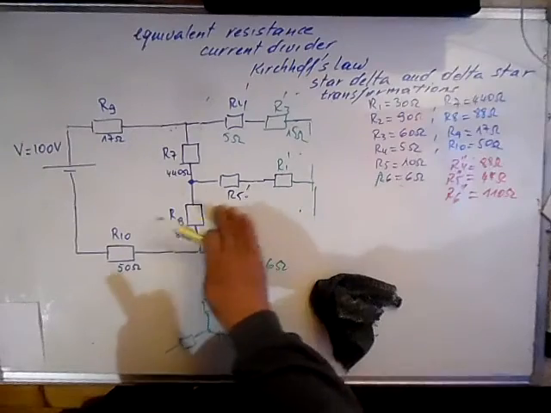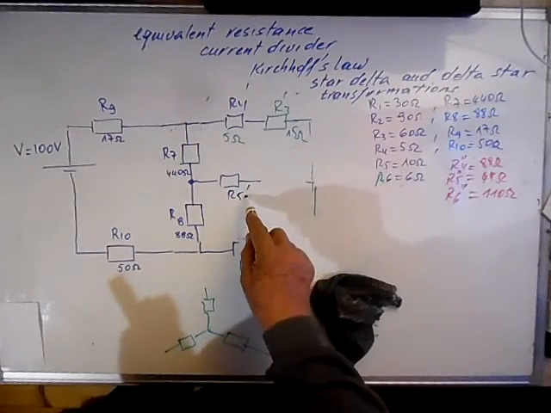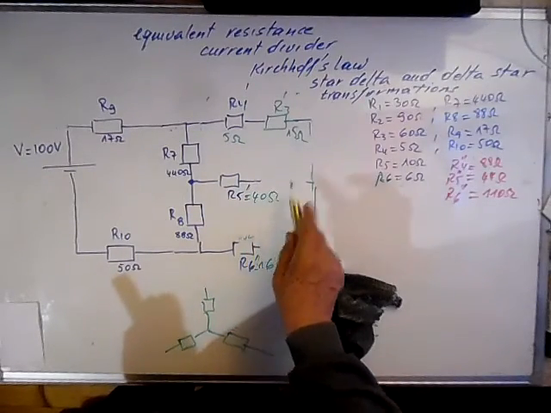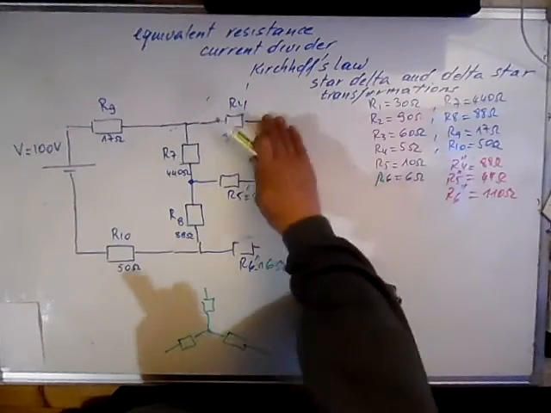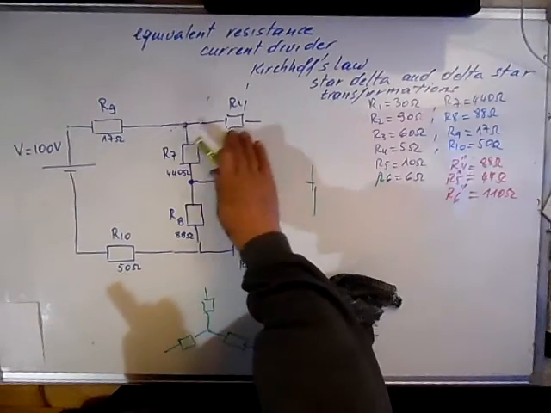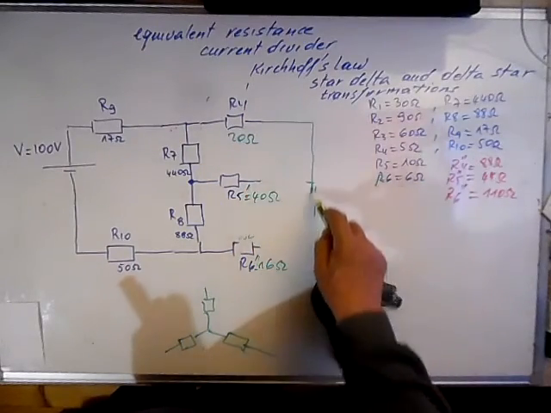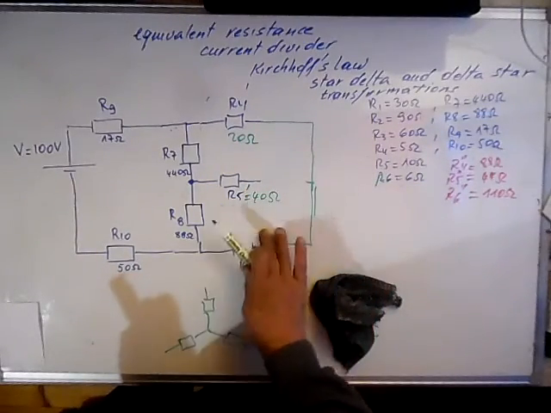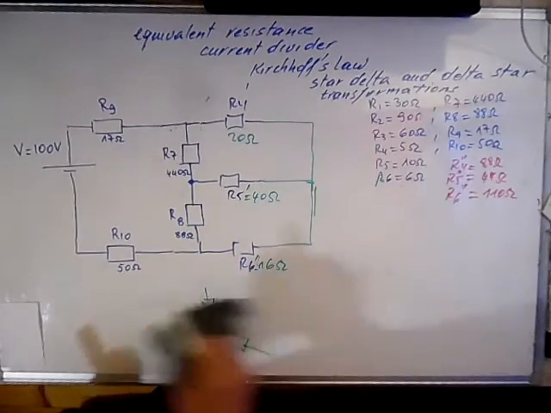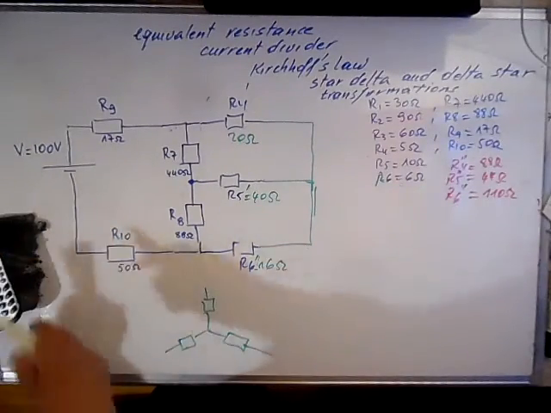Here 40 ohms, and here 20 ohms. Okay, so we have now a star that we can transform into a delta.